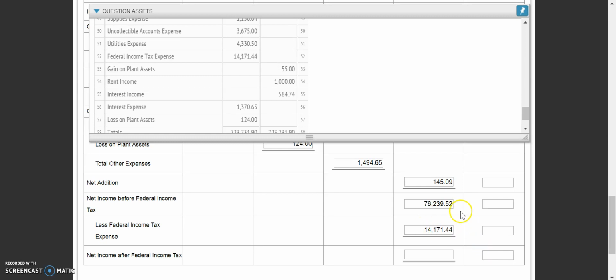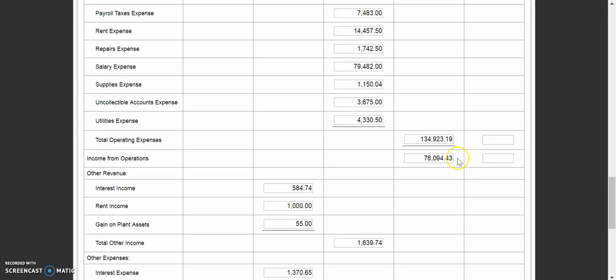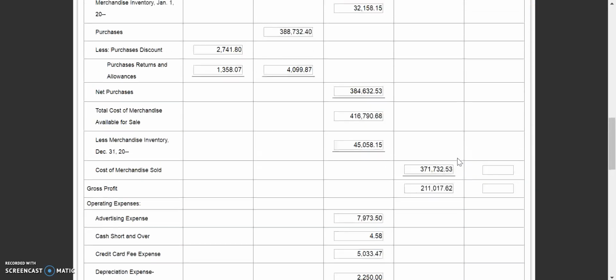And when we do that, we subtract those because we're paying that to the government, which is eventually going to give us our net income after federal income tax, which is $62,068.08. So that is a completed income statement with all of our information.